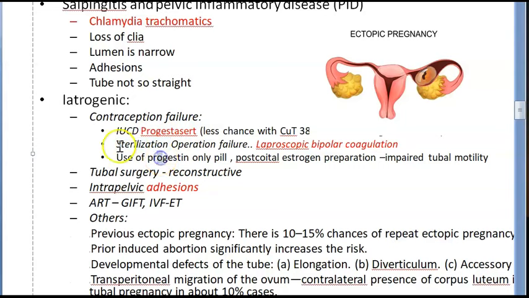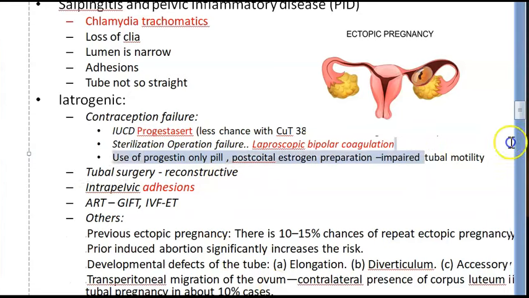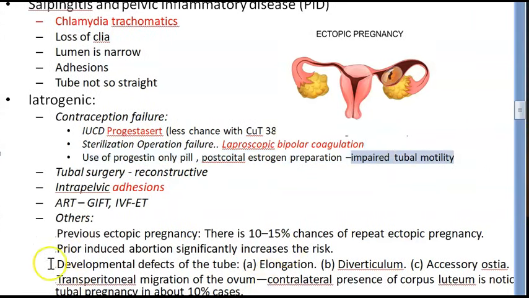Are you focusing, guys? Or they are using a progestin-only pill. If they are using a progestin-only pill or a post-coital estrogen preparation, usually for post-coital we give progesterone, isn't it? If they are using only a progestin-only pill instead of a combined oral contraceptive pill, even before they get pregnant, then there can be impaired tubal motility leading to tubal pregnancy.